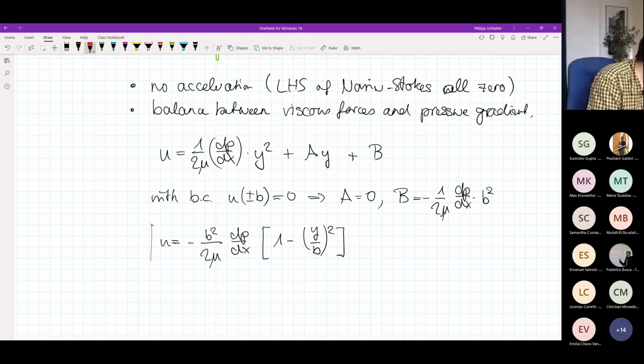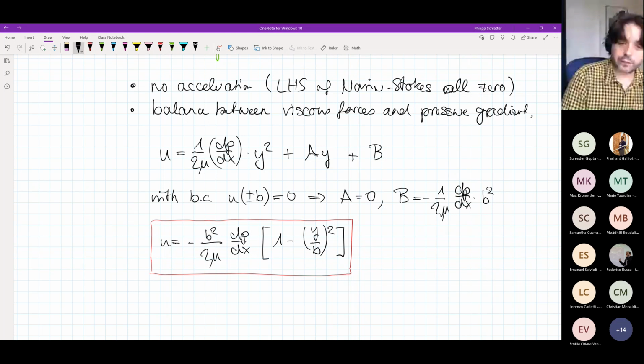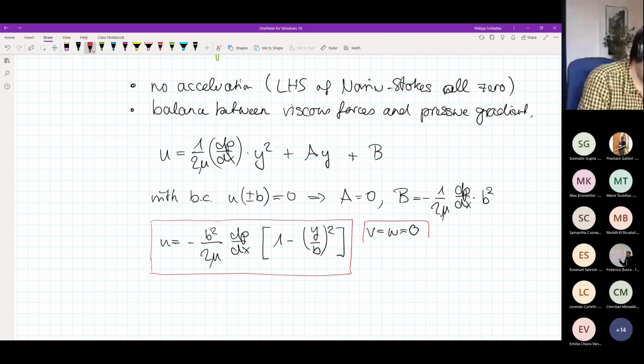So this here is the velocity profile of Poiseuille flow. It is a little bit different now than the one that we got for Couette flow. Well, maybe first, just for completeness, v and w were actually 0. I should just add that here. So this is now the complete velocity profile.